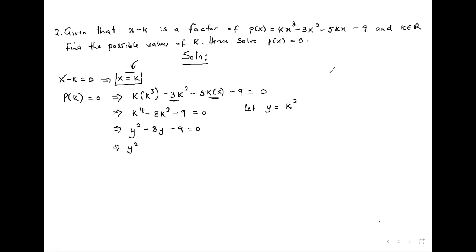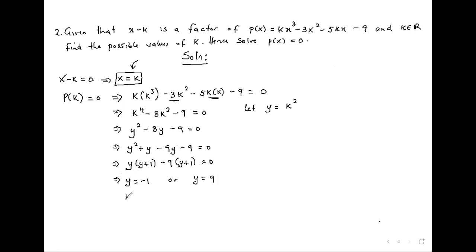The factors there we can use are positive 1 and minus 9, so that we get y plus 1 times y minus 9 is 0. So y is equal to negative 1, or y is equal to 9.